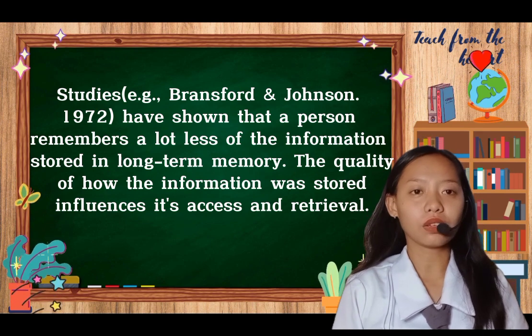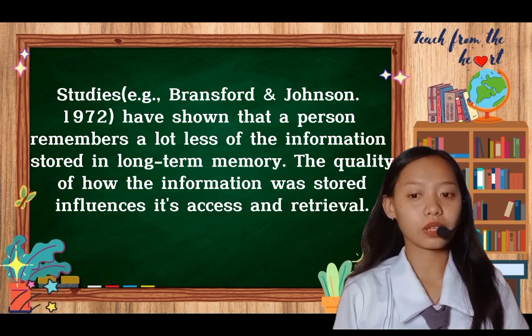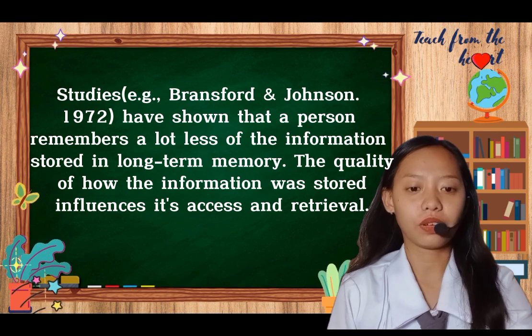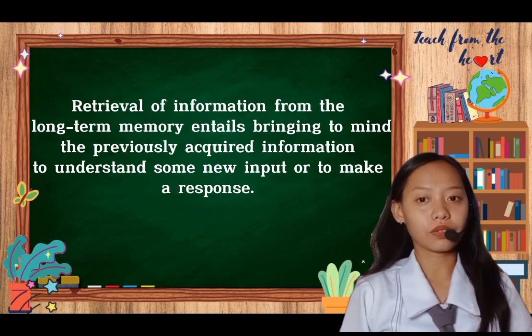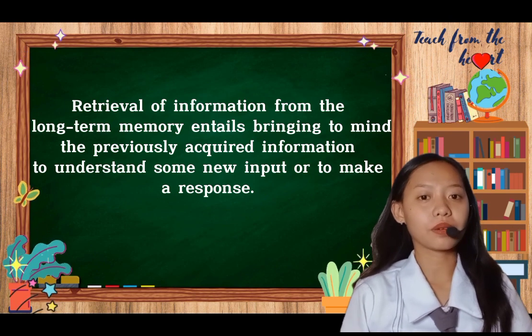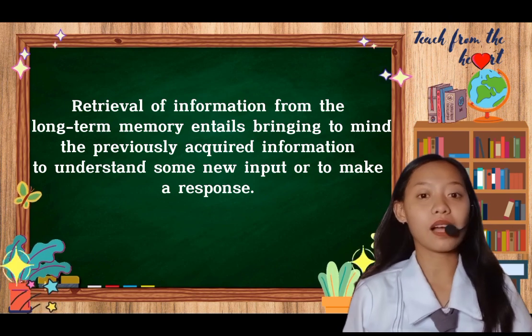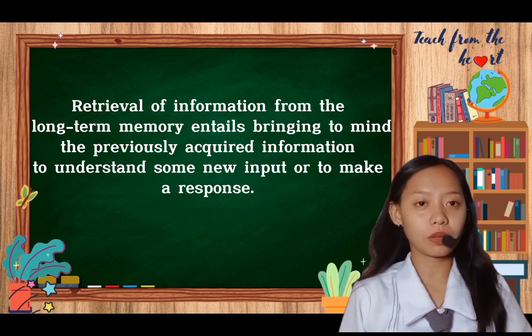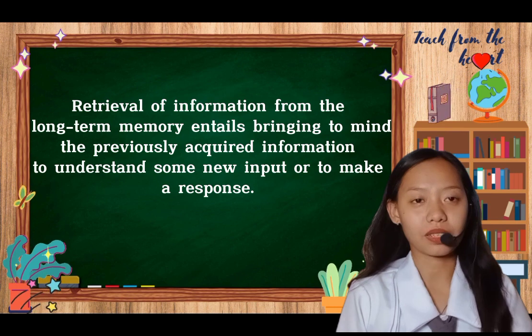The quality of the information as it was stored influences its access and retrieval. Retrieval of information from long-term memory entails bringing to mind the previously acquired information to understand some new input or to make a response.